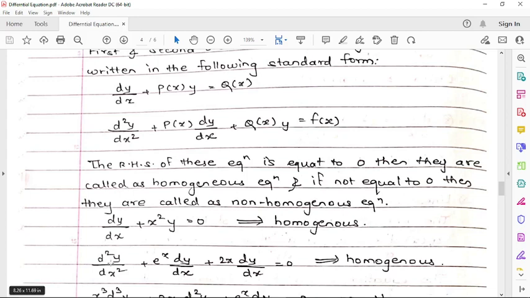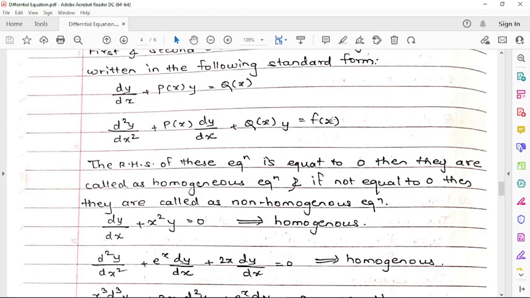See the second equation. Yes, d square y by dx square, instead of p of x, e raised to x is written. It is fine, because it is a function of x. dy by dx plus 2x instead of q of x we can write 2x. It is acceptable. Here it should be y, not dy by d. Some mistake is written in the text.